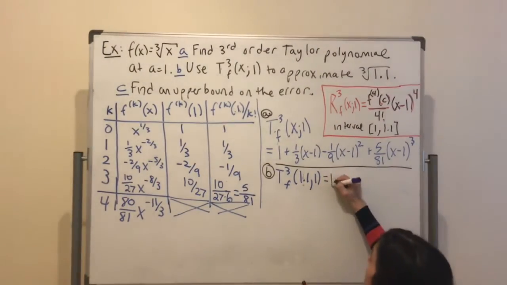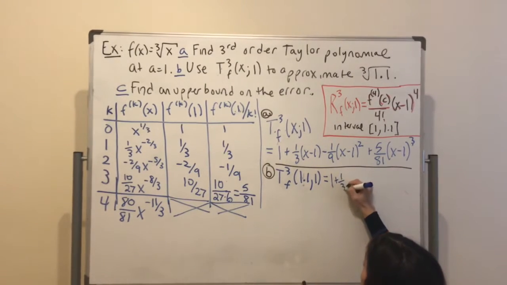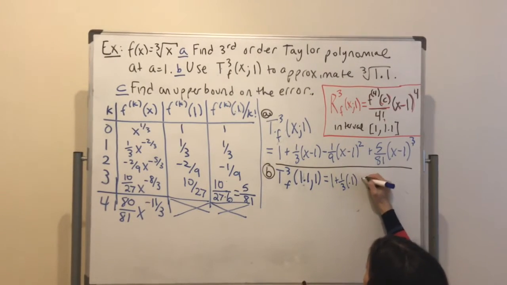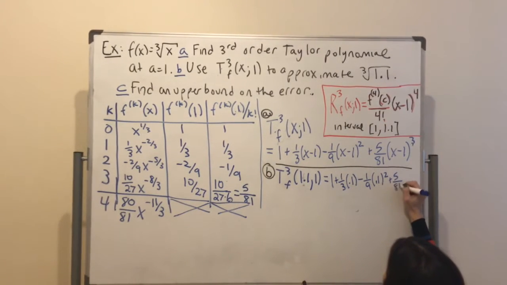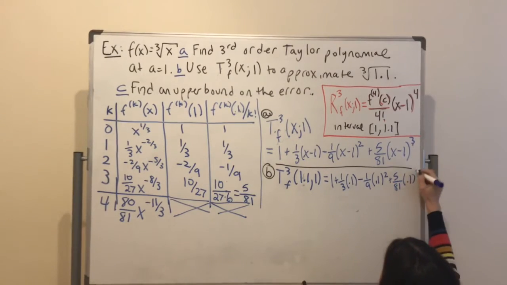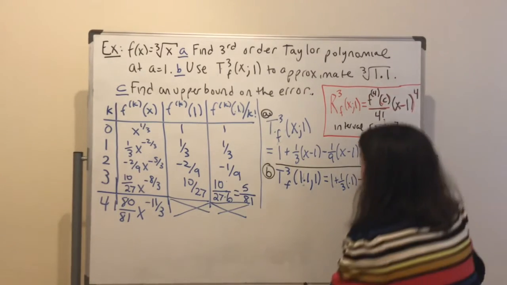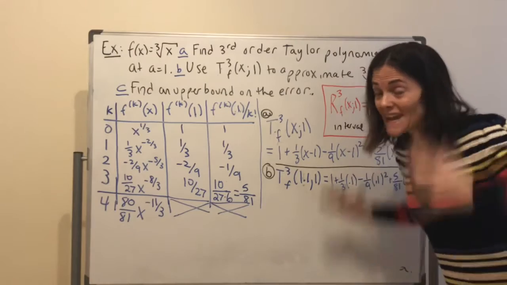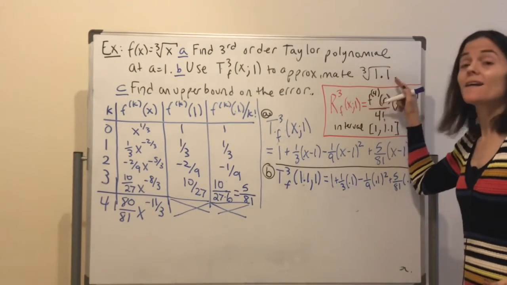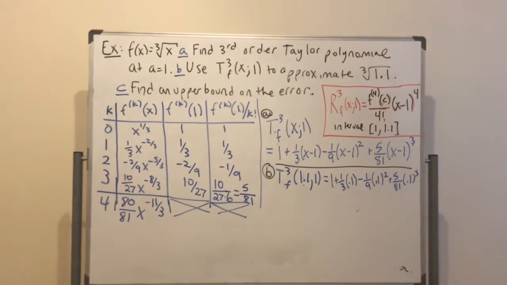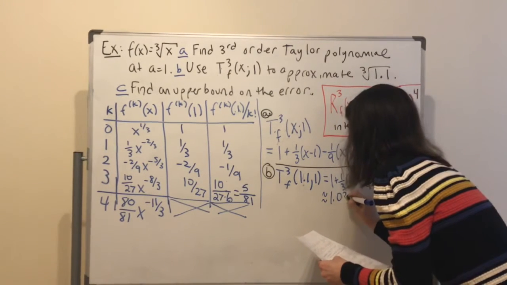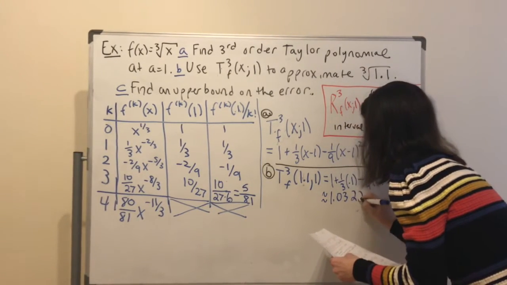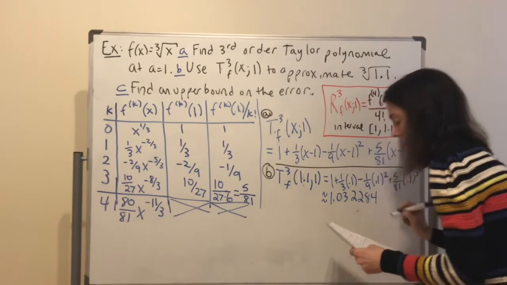This is 1 plus 1/3 times 0.1 minus 1/9 times 0.1 squared plus 5 over 81 times 0.1 cubed. Okay, this is the Taylor polynomial approximation of this value. Approximately 1.032284 here.